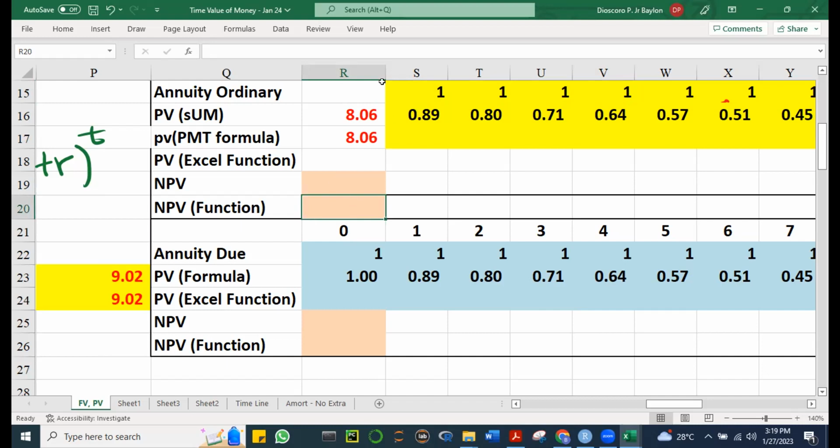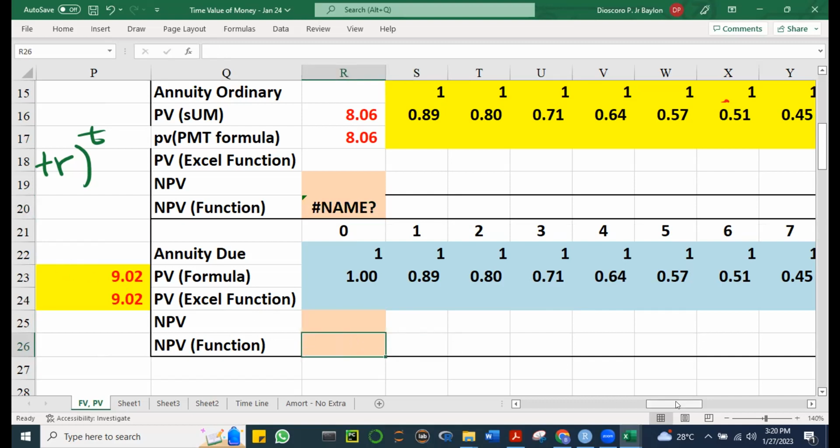So kindly try equal to NPV. I'll give you a few minutes to see if you'll get 8.06 here. And also here, use NPV to check if you'll get 9.02.